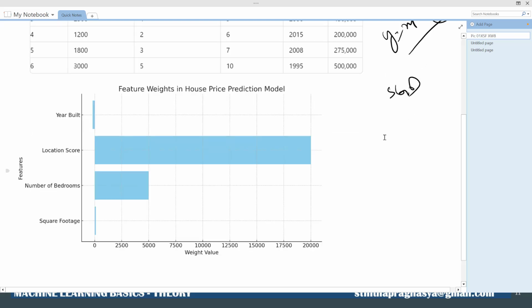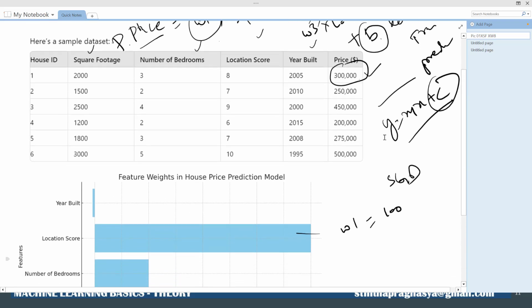Okay, now let's assume the training is done, the model learned the weights, and sample weights would look something like this. Let me scroll here. Okay, weight 1 is for square foot, right?